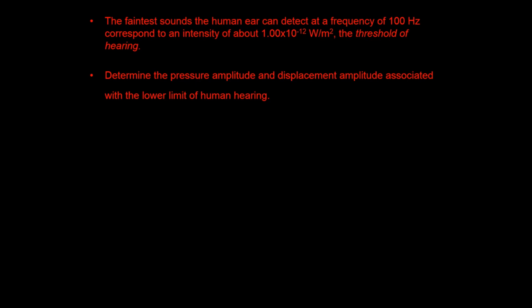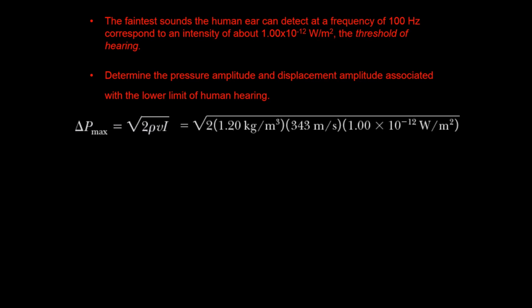If we go back and look at our relationships carefully, we'll see that delta P, the change in pressure of our wave, will be equal to √(2ρvI), where ρ is our density, v is the velocity of our wave, and I is the intensity of our wave. Now I'm introducing a few values here for typical atmospheric cases, and you would be given these if you expect to use this formula.